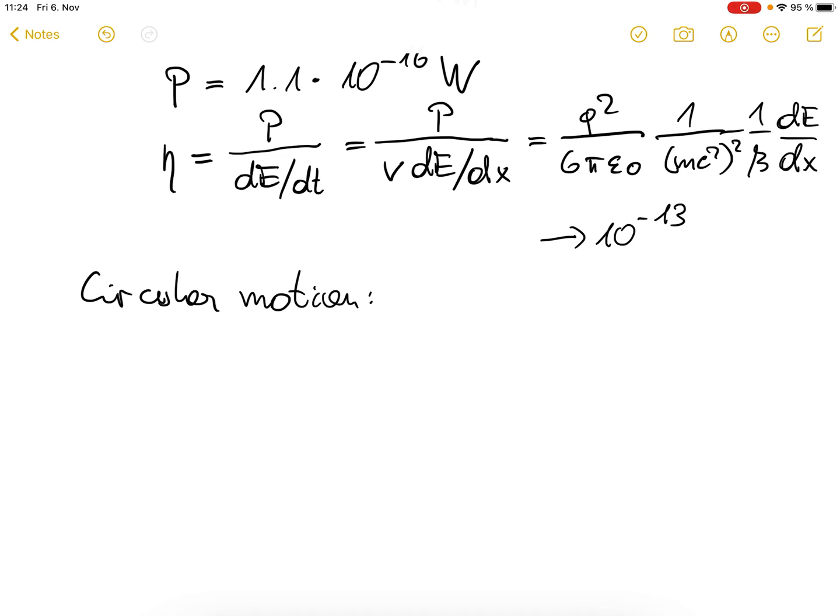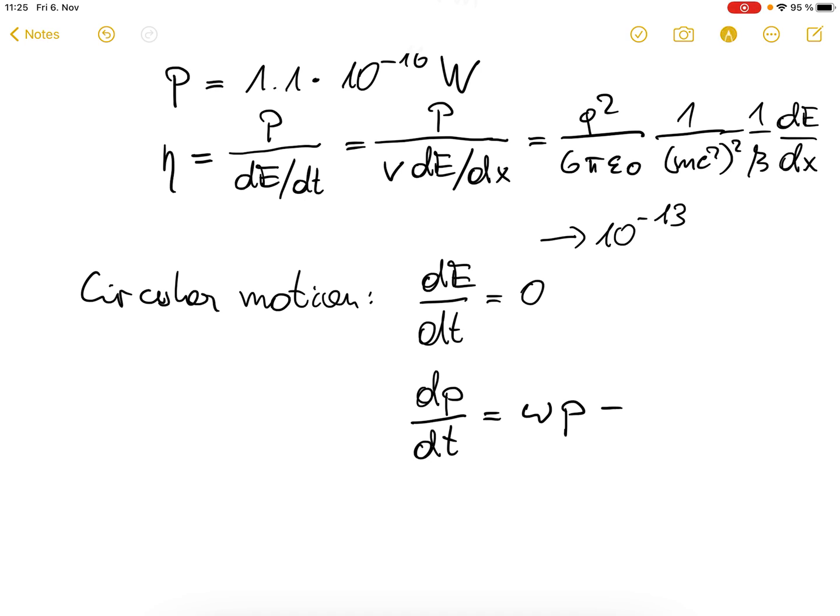First, the circular motion does not change the energy, so we know dE with respect to dt is certainly 0. The other thing we know is that the momentum change in time, because it's circular motion, is just omega times p.